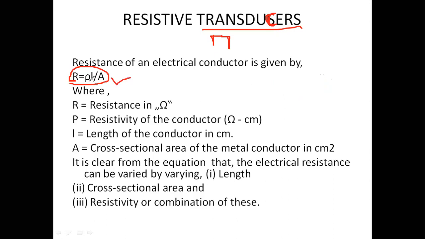So what is rho here? Rho here is resistivity. This is rho, not P, right? So rho here is resistivity, and L here is the length of the conductor or a semiconductor. Okay, length of the material, let us suppose, right? And A is the area of cross section.